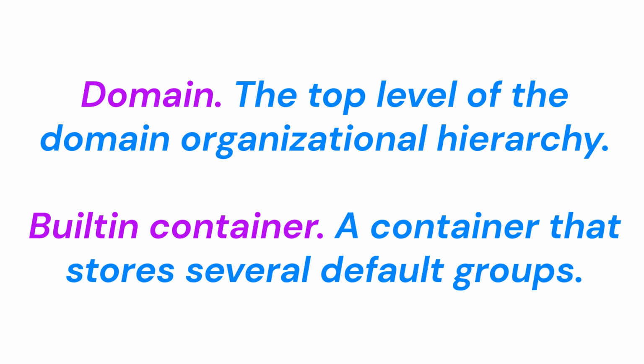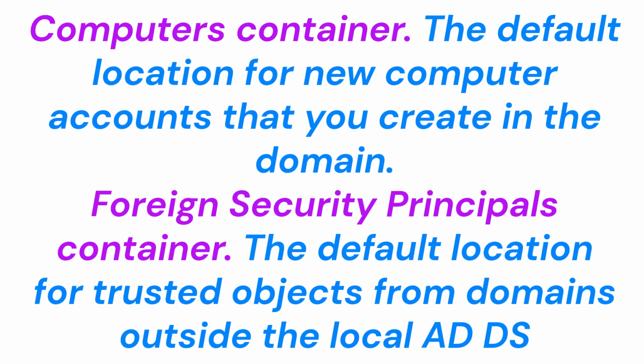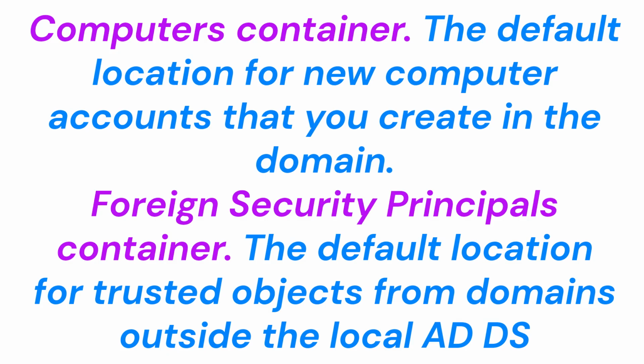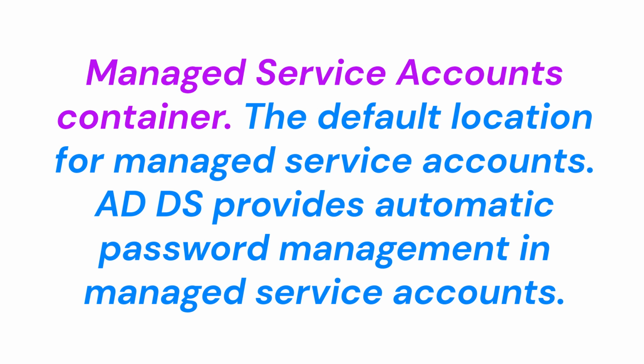The following objects are displayed by default: domain, the top level of the domain organizational hierarchy; built-in container, a container that stores several default groups; computers container, the default location for new computer accounts that you create in the domain; foreign security principals container, the default location for trusted objects from domains outside the local ADDS domain that you add to a group in the local ADDS domain; managed service accounts container, the default location for managed service accounts.